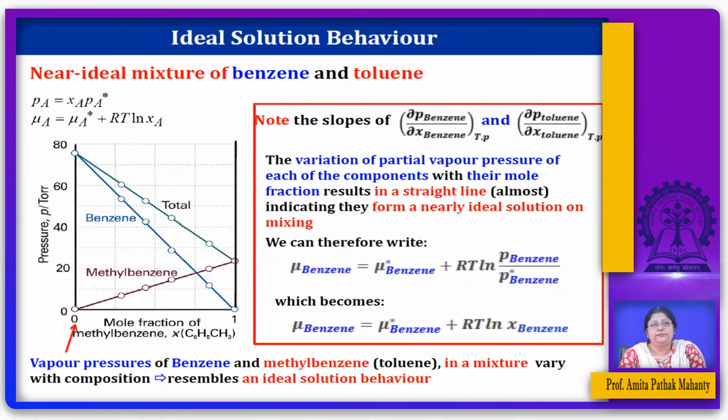And if Raoult's law is valid, then this equation should also hold good, which we have already taken: the chemical potential of benzene in the solution is equal to the chemical potential of benzene in the pure state plus RT ln of the partial vapor pressure of benzene divided by the vapor pressure of pure benzene. Which can be further boiled down to the chemical potential of benzene in the solution being equal to the chemical potential of benzene in the pure state plus RT ln of the mole fraction of benzene in the solution.